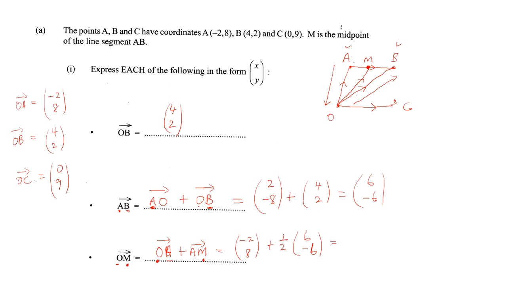So this will be minus 2, 8 plus 3, minus 3, which will be minus 2 plus 3 is 1, and 8 plus minus 3 is 5. So OM is 1, 5.